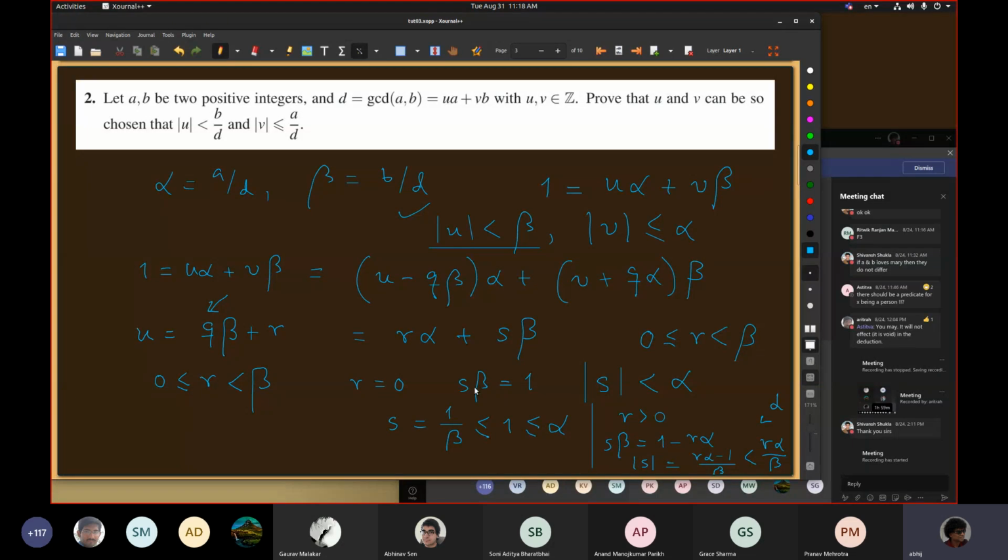Okay, so actually, S and beta are integers, so it implies S equal to beta equal to 1. And therefore 1 is less than equal to alpha. Now you can also use this reasoning. Yeah, that's also fine. Okay, sir.